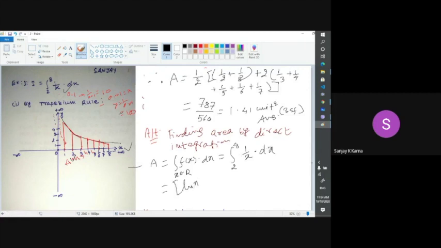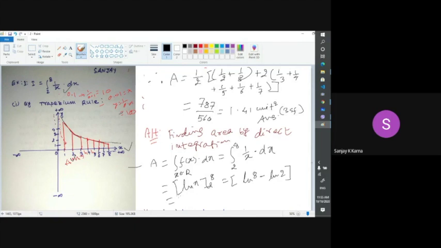That means it is the integral of 1 by x dx, and you know the integration of 1 by x is ln of x, from 2 to 8. Now the general rule is that first of all take the upper limit 8, then minus the lower limit, here it is 2. Now take your calculator and let's see what this value is. So this is ln of 8, in absolute value, minus ln of 2, and this value is 1.38.